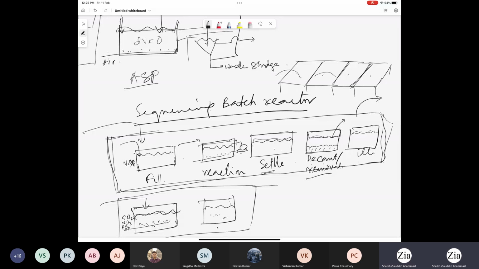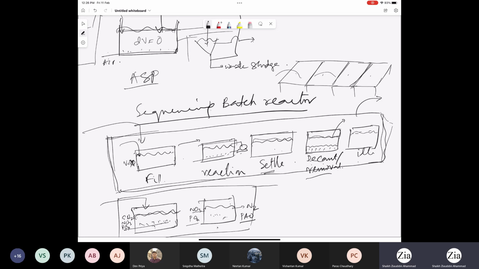Now in the second stage, because it is anaerobic now, nitrate will get converted to nitrogen, and phosphate will be utilized by phosphate accumulating bacteria, called phosphate accumulating organisms. These organisms prefer to be exposed to both environments, aerobic as well as anaerobic.